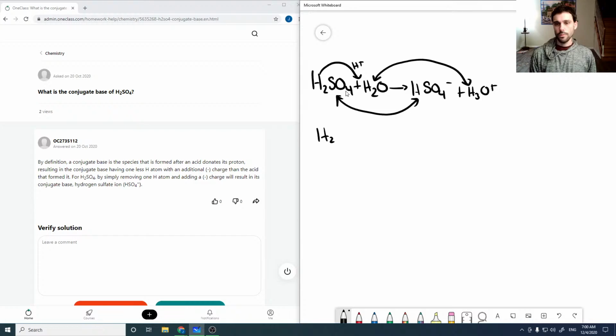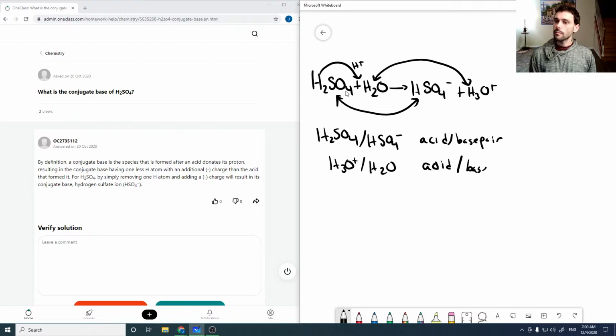And so H2SO4, HSO4 minus is an acid-base pair. And H3O plus, H2O is an acid-base pair. And so we're looking for the conjugate base of H2SO4, so that would be this one. So HSO4 minus is our conjugate base.